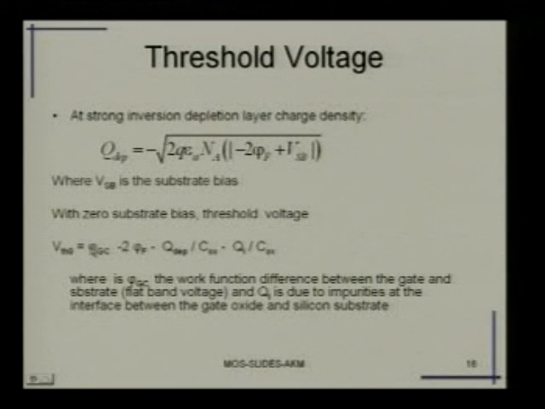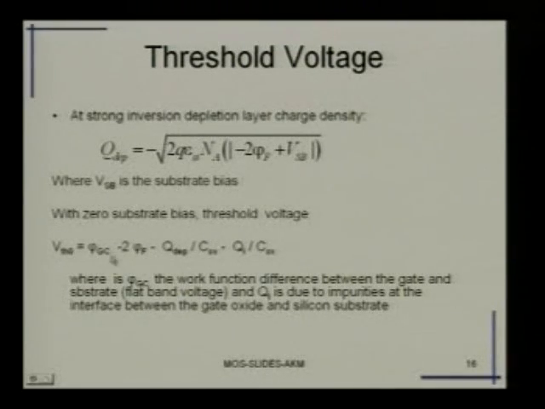So now you can see the expression for VGS. The threshold depends on factors like the depletion region charge density. As you apply VGS, you slowly deplete the holes and expose the acceptor ions.